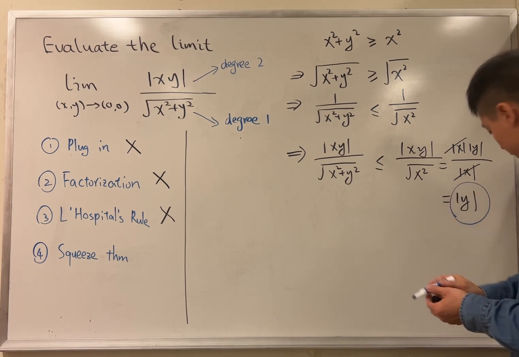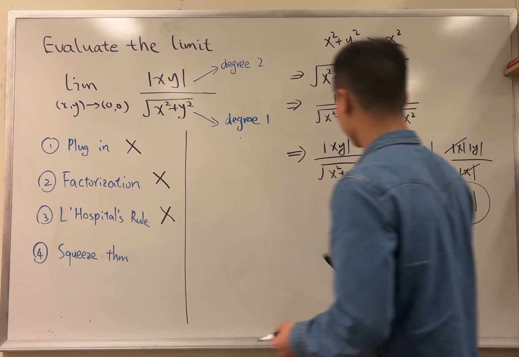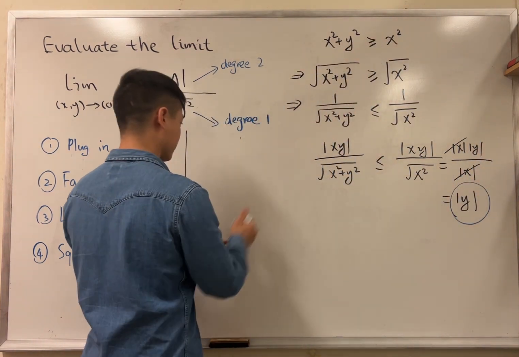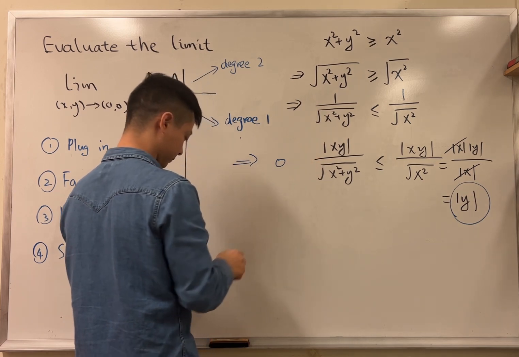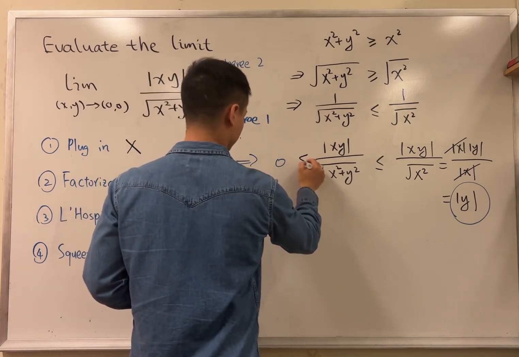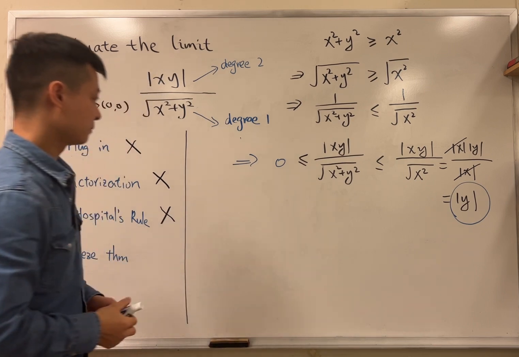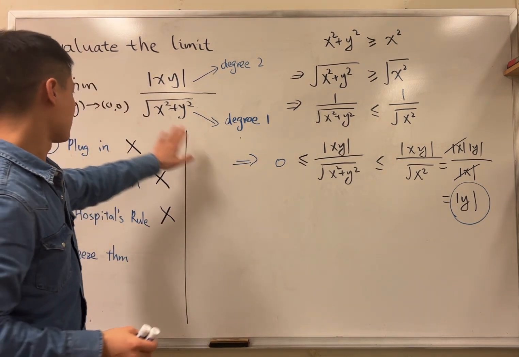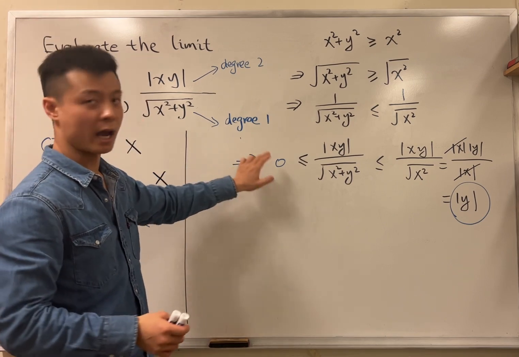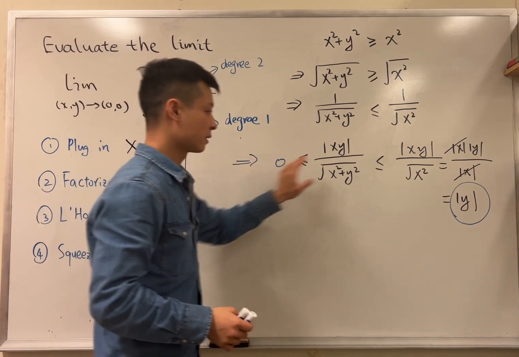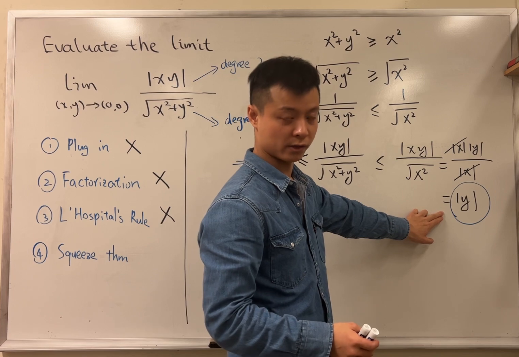Okay, and then we just said previously that the lower bound function is 0. Okay, and we can check that as the point x and y approaches 0, 0, this function has 0 as its limit. This function also has 0 as its limit.